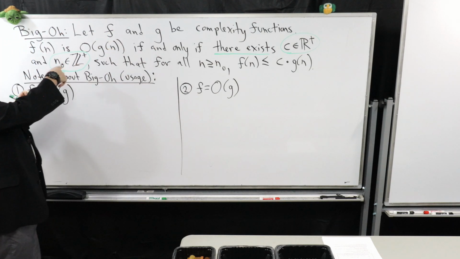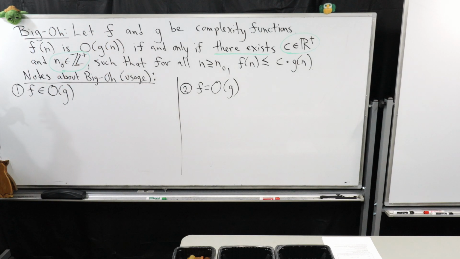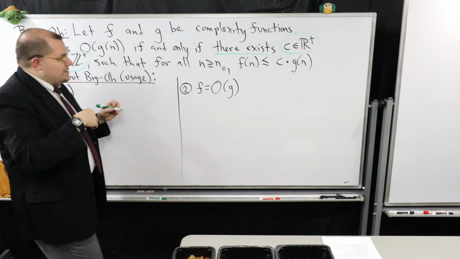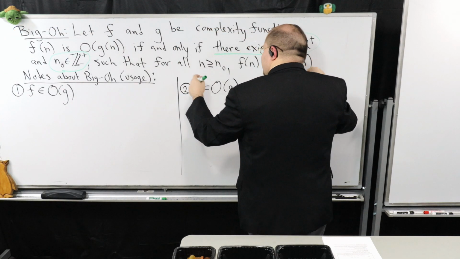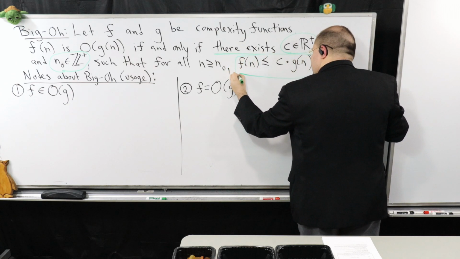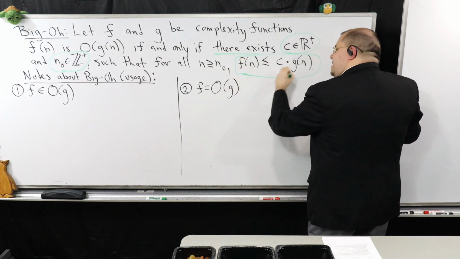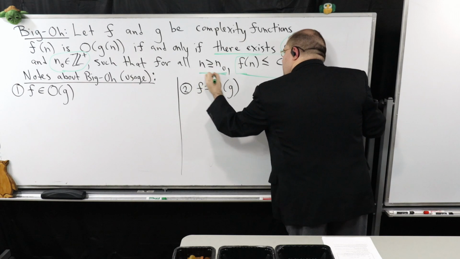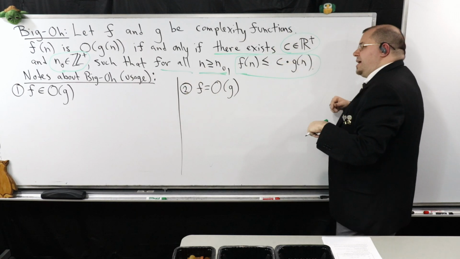Once I know these two exist, I would like some way to check this. What do these two constants relate to? They relate to this inequality right here. But it has to be that this inequality is true for all n greater or equal to n0.